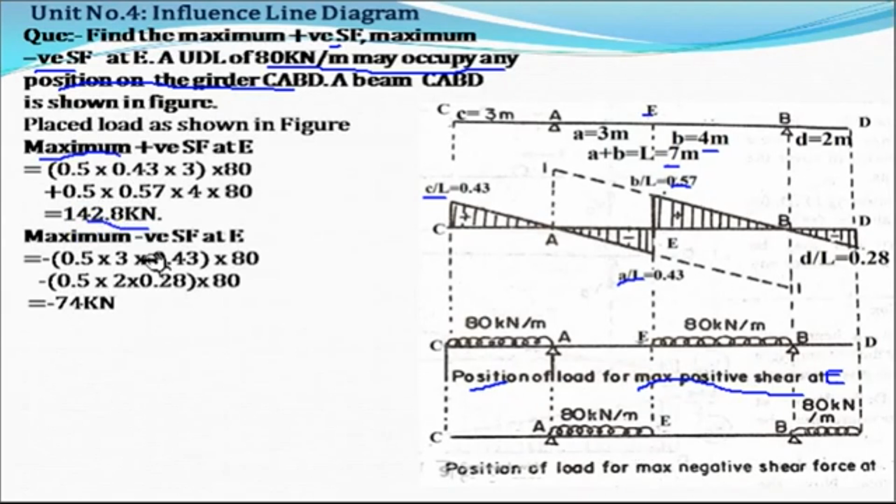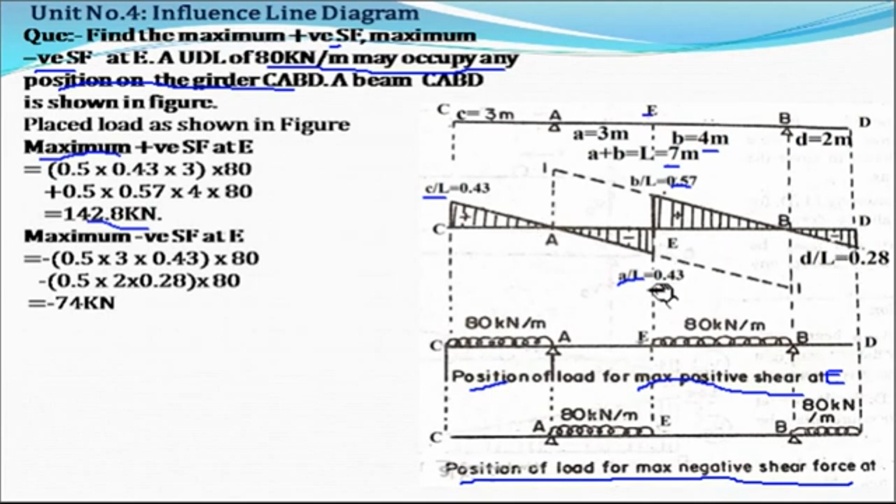Next, maximum negative shear force. This is the negative diagram. So on this portion you have to place the UDL of 80 kilonewton per meter. Here is the position of load for maximum negative shear force at section E. Now below this again the area is a triangle. Ordinate we already know.